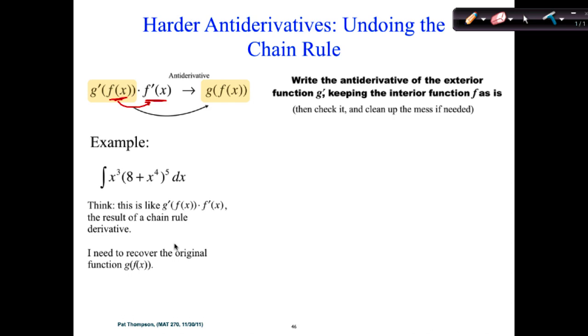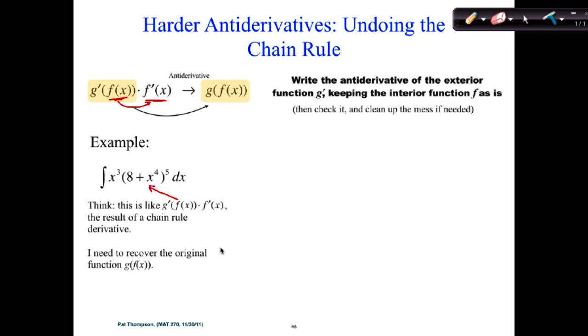So we're going to think of this like g prime f prime as the result of the chain rule derivative, and we're going to recover g of f, and you guys have already identified that this right here is the g prime f. So what did we say? If we got g prime of f and we want g of f, then what do we need to do?